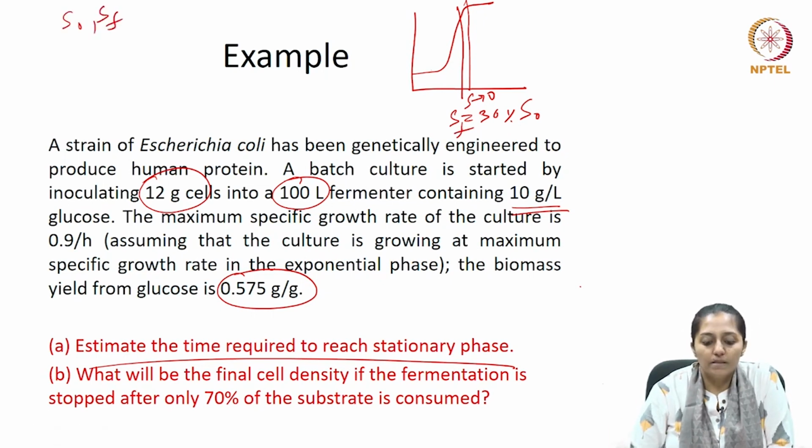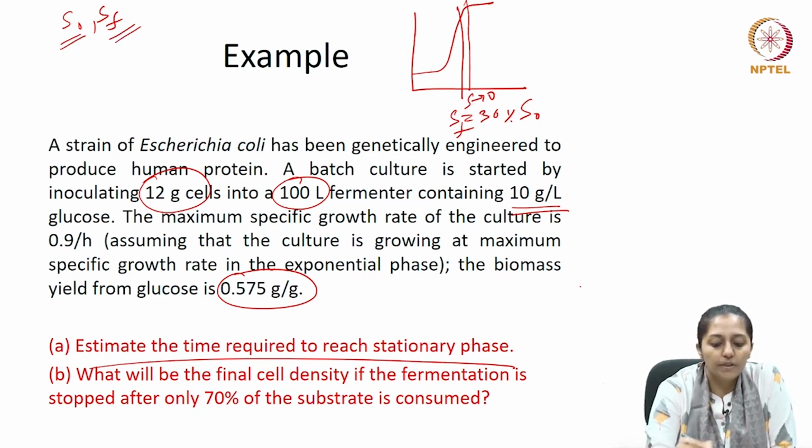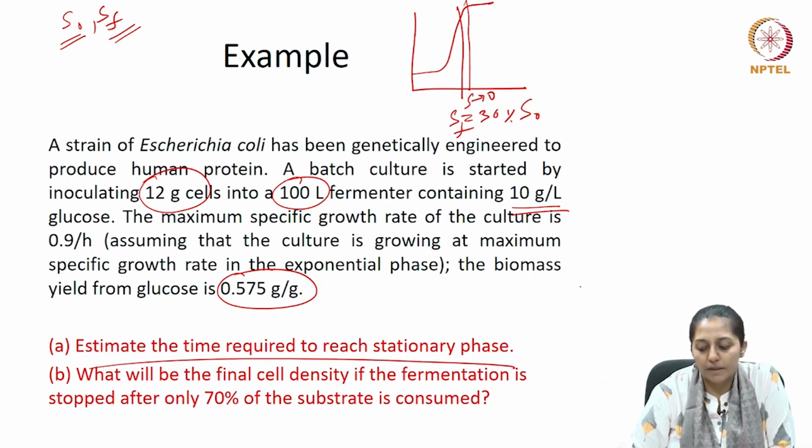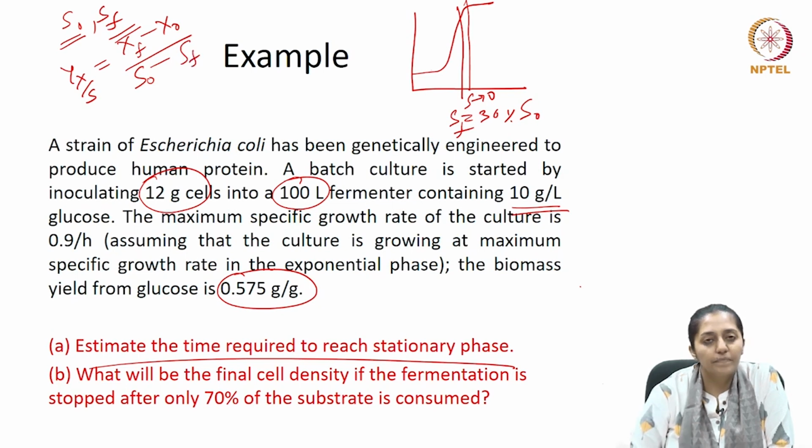So, now you can calculate the final substrate concentration. What is given to us? The initial substrate concentration is given, and the final substrate concentration can be obtained after 70% conversion of the initial substrate. Yx by S is also given, and we know how Yx by S relates the biomass production with the substrate consumption: Xf minus X naught divided by S naught minus Sf, isn't it?